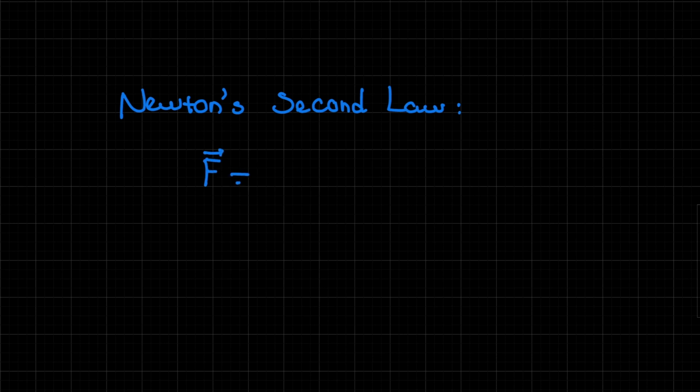In this video, I will talk about Newton's second law. The law goes under an equation, which is F, the vector F equals ma, in which this is, of course, force, and also the unit is Newton.